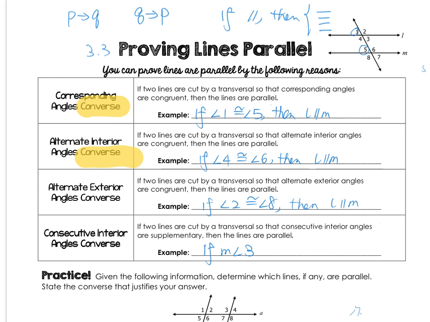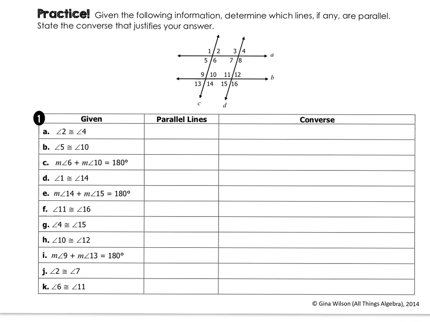So the angle measure of 3 plus the angle measure of 6, if they add up to 180 degrees, which means they are supplementary to each other, then the two lines they're associated with are parallel. Okay, so this unit is all about the converse and how we use the converse to prove two lines are parallel.